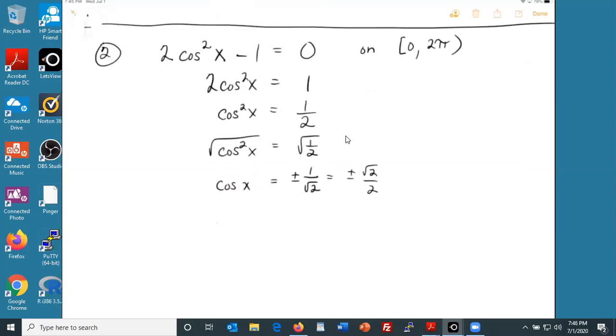So now what we can do is on the unit circle, you want to find all cosines, or in this case, remember cosines are the x coordinates that equal plus and minus radical 2 over 2. And that's to get the angles.